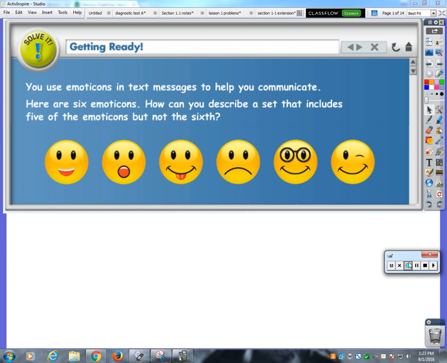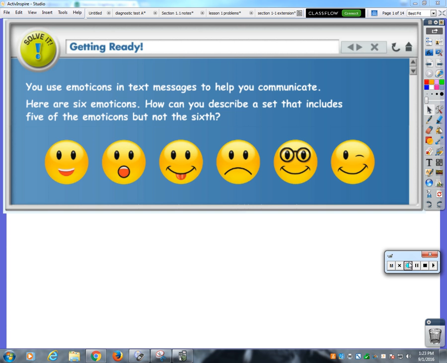So the question says, here are 6 emojis. How can you describe a set that includes 5 of the emojis, but not the 6th one? I think you can decide which one you want to eliminate. So you can say, I'm going to describe these 5 in a way that this one won't fit, or I'm going to describe these 5 in a way that this one won't fit.